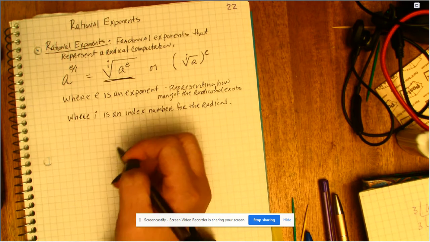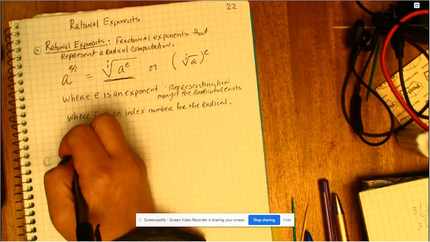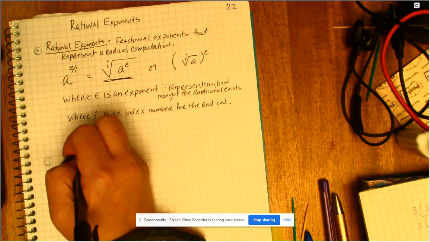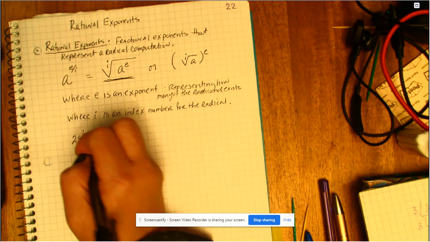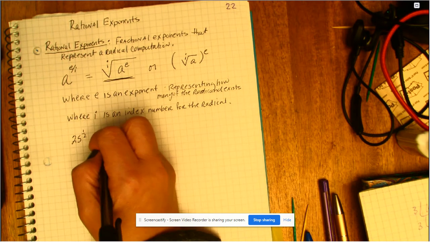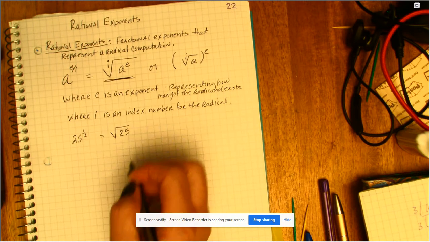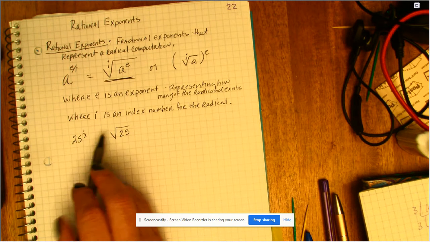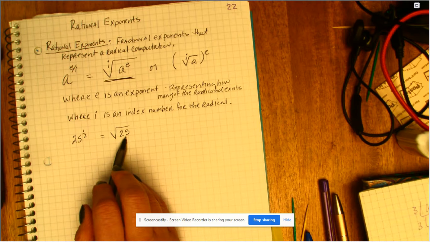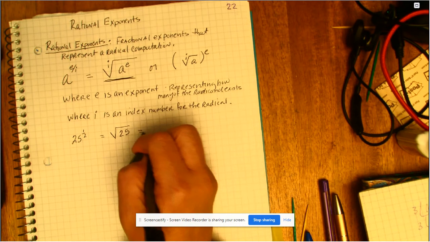So let's look at some basic things. If we had 25 to the 1/2, that would be equal to the square root of 25, 2 being the index number, and remember on a square root we don't actually see the index number. Then of course we could simplify that as a regular radical.